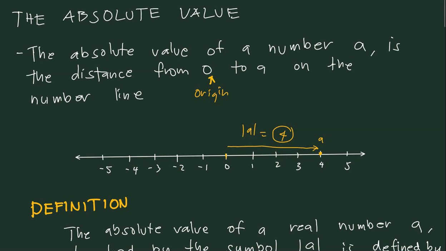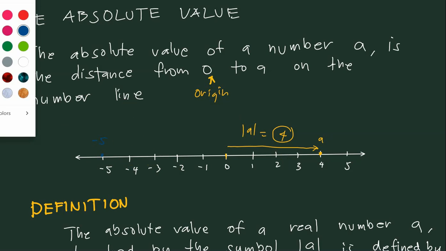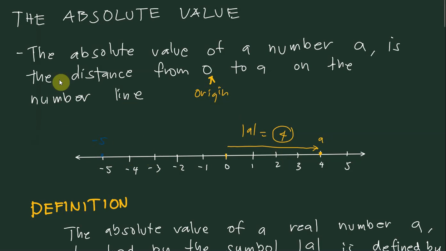Another example, what if A was here, say negative 5. So what is the distance from the origin to negative 5?